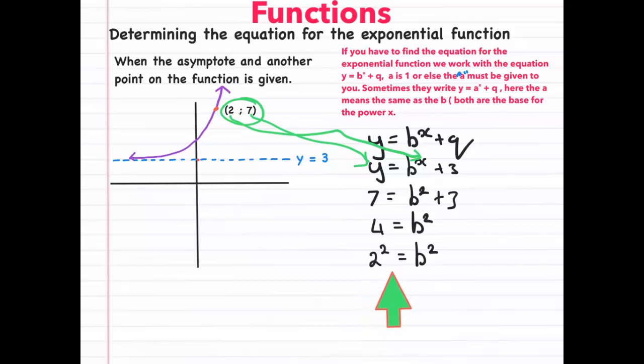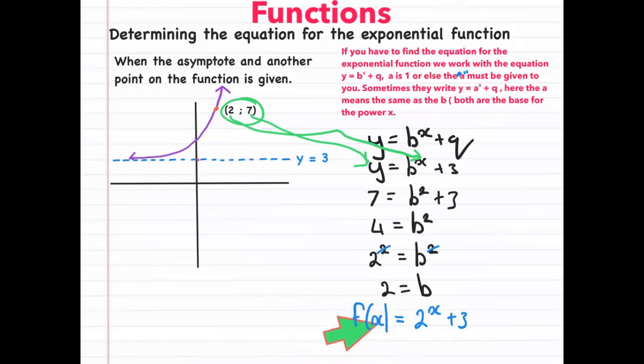Now this is something you also know, that if the exponents are the same, it means that the bases will be equal. So basically the exponents are the same, so that means 2 equals b. And now let's rewrite this equation quickly, and it will become f(x) equals 2 to the power of x plus 3. And there it is.